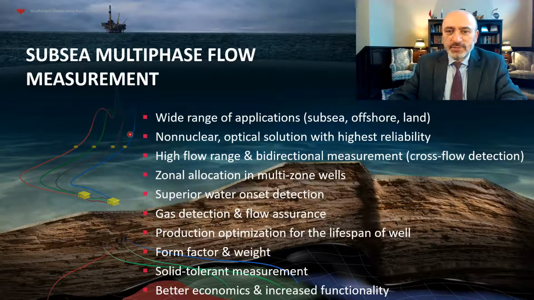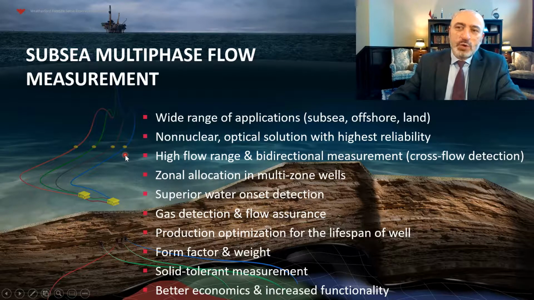In most surface and subsea multiphase flow meters, manufacturers use gamma densitometers. They are devices based on nuclear technologies. And whenever the word nuclear is used, we have a lot of regulatory requirements, special training requirements, and liability concerns. So this integrated system eliminates all these issues related to nuclear technologies.